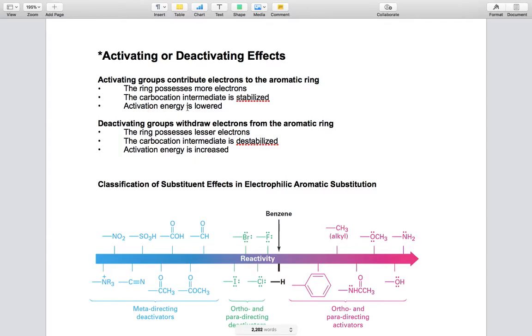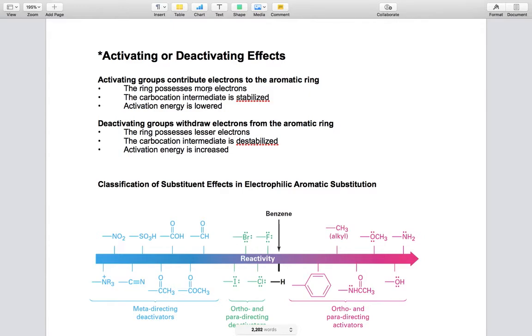So activation energy, kung ma-remember natin sa inorganic chemistry, it's the energy that we need to surpass for a reaction to occur. So since mababa lang ang kanyang activation energy, then masabi natin mas madali siyang mag-react or mas mabilis ang reaction. So yun lang yun siya guys. Kaya ang tawag sa kanya ay activating.